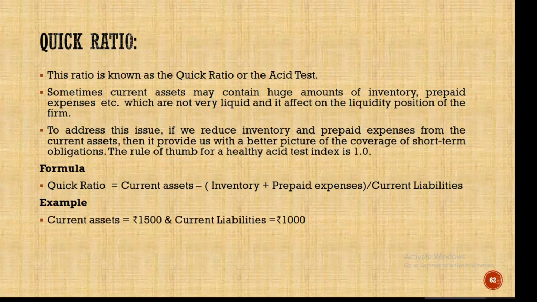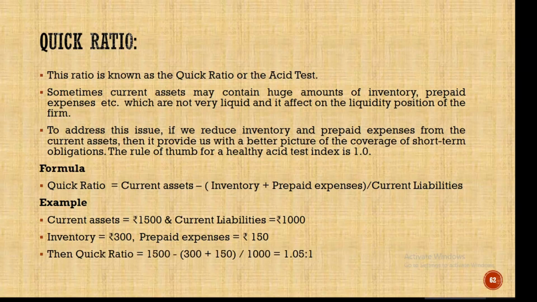For example, current assets are rupees 1,500 and current liabilities rupees 1,000. The inventory is rupees 300 and the amount of prepaid expenses is rupees 150. Then quick ratio will be 1.05 to 1.